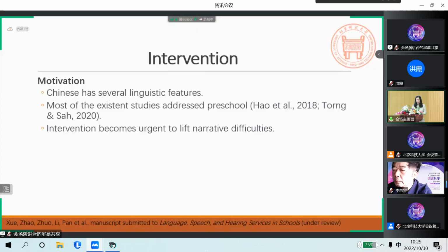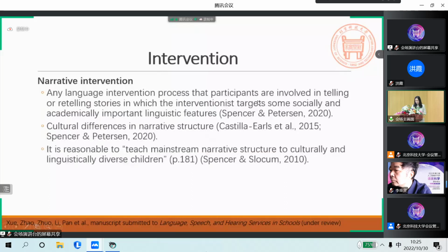For the sake of education, and for the sake of lifting the narrative difficulty for both TD and DLD children, it is necessary, even urgent, for us to do some intervention studies. So what is the intervention? Here we focus on narrative intervention.